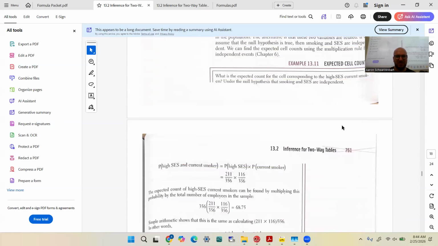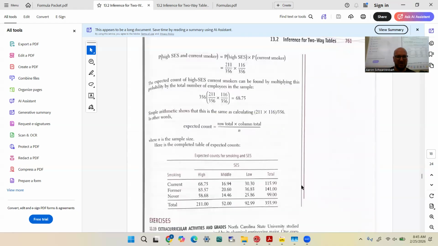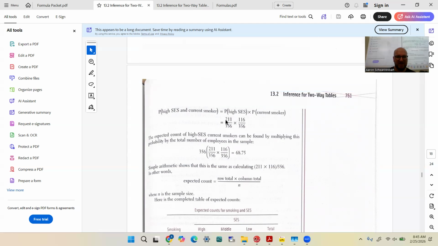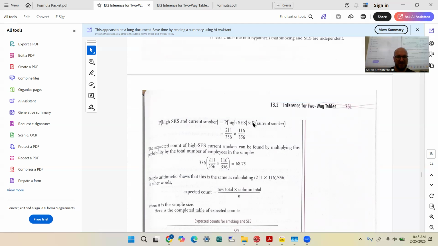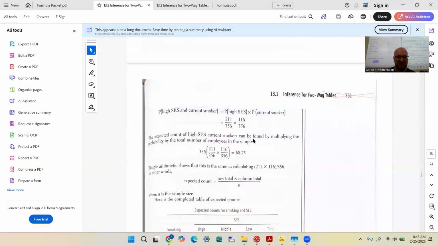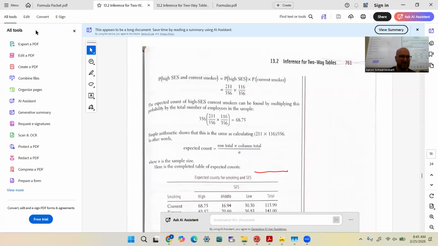So, computing the expected. Row total times column total over table total. Right? This is how I would do it. I do not know what they're trying to show above, but row total, column total, that's this one right here.